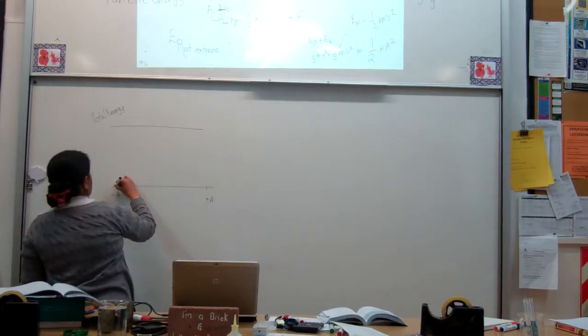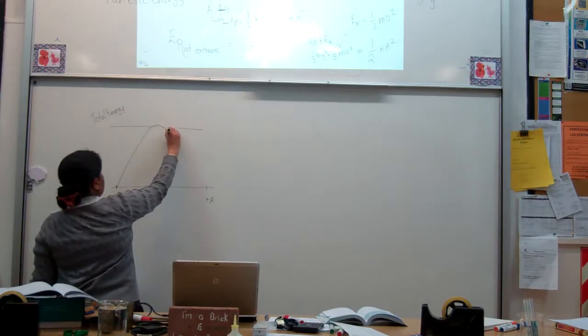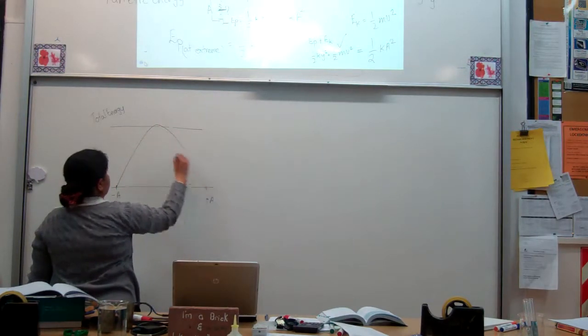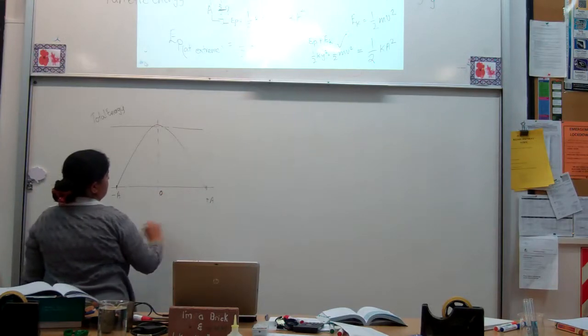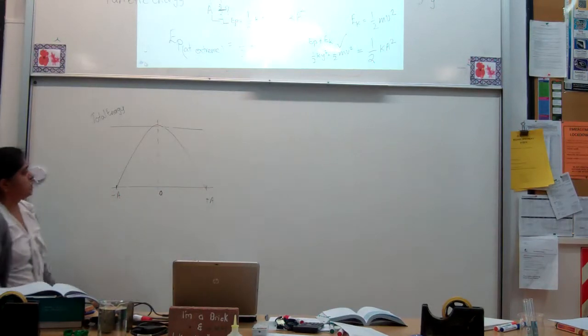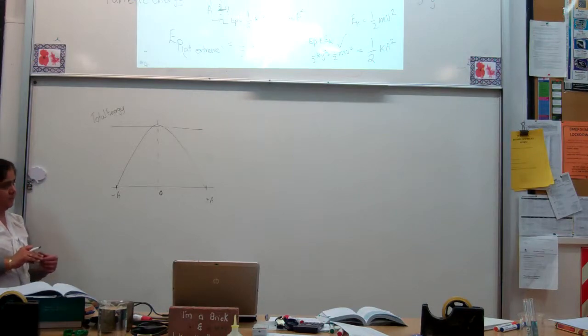So if I take that as my negative amplitude and that as my positive amplitude, and that's my equilibrium, zero position, which energy am I showing with this line? At zero, which energy is maximum? At equilibrium, which energy am I showing in this graph? Kinetic or potential? Kinetic.